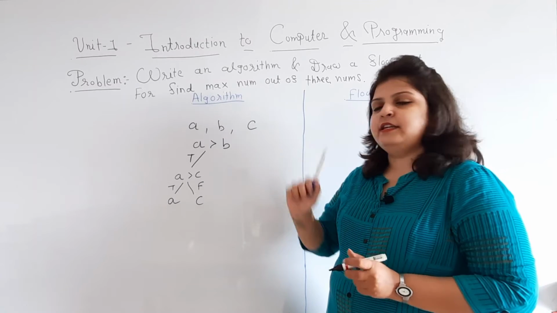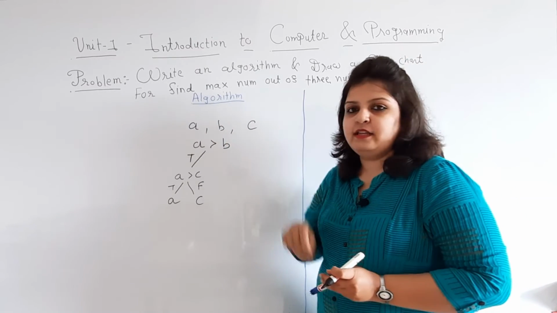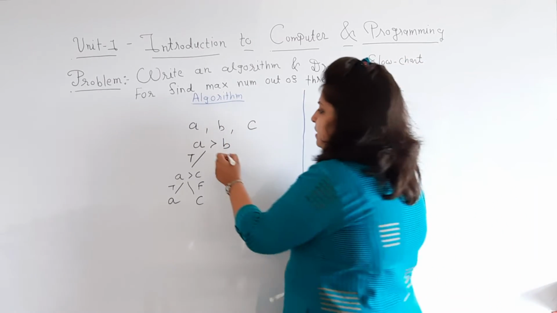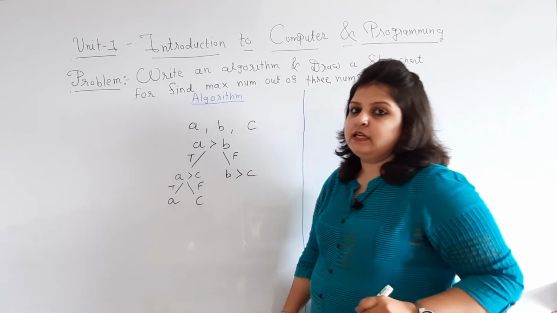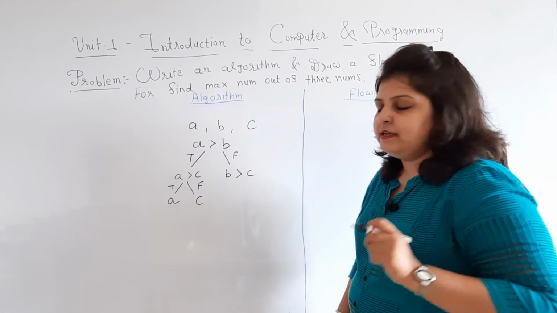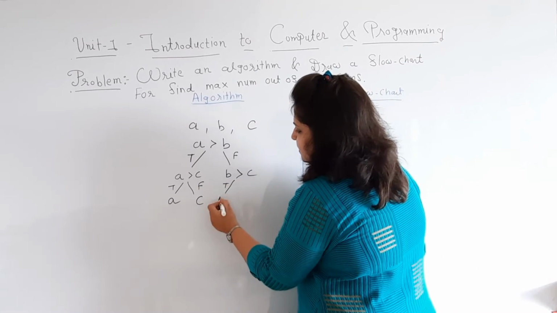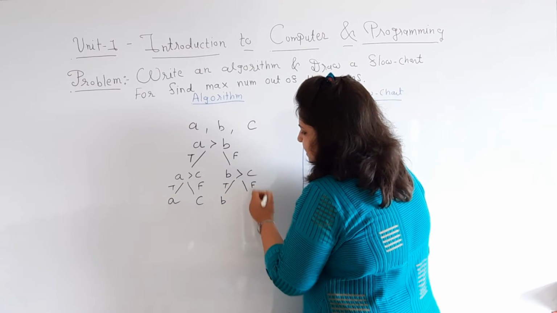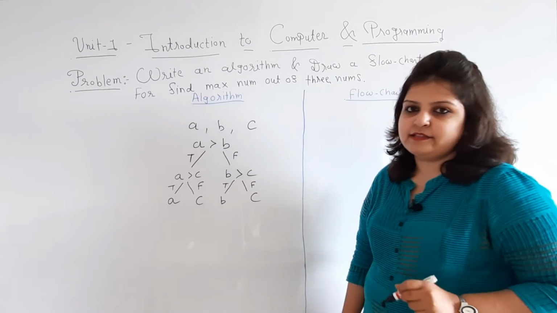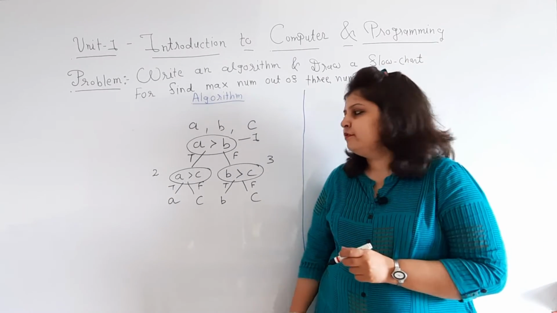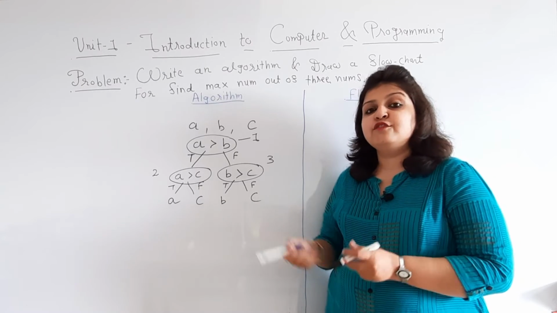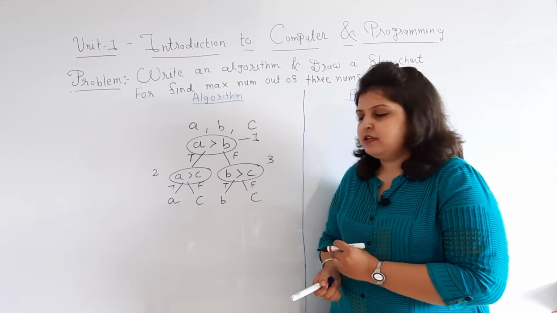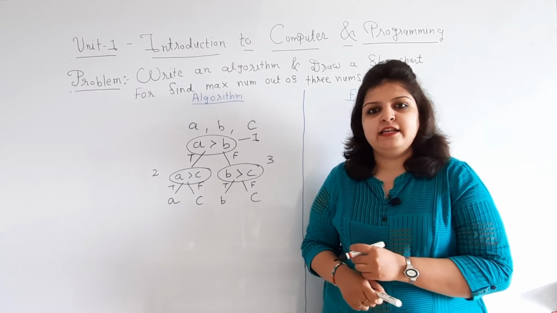Now if our first condition is false, that A is not greater than B, then we have to compare B with the C variable, that B greater than C. If yes, then B is max, else C is max. So here we have to write three different conditions for comparison because we have three different variables. So let's start with how we can write the algorithm.